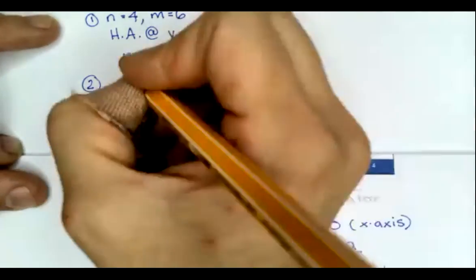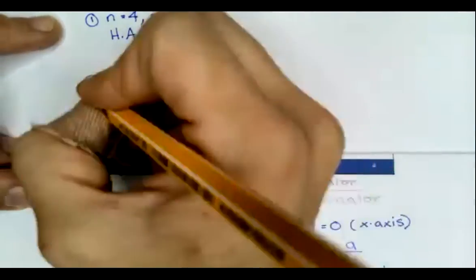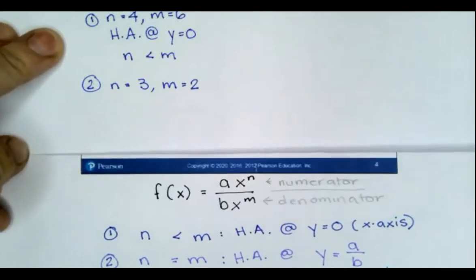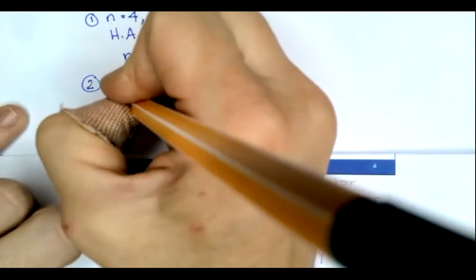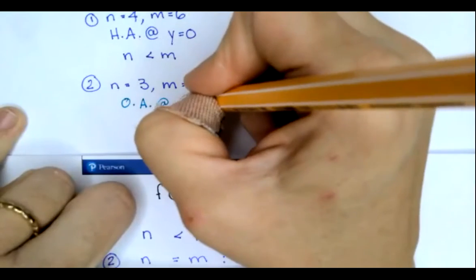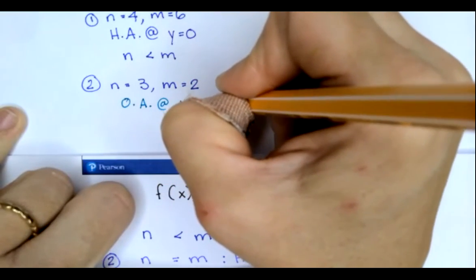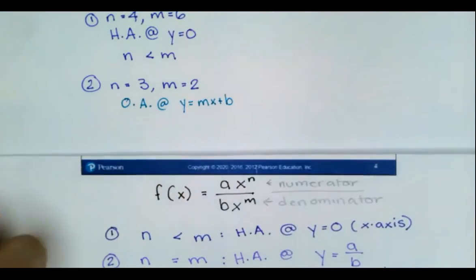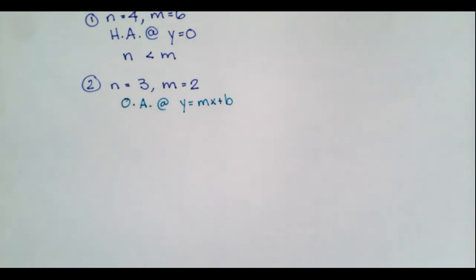Yes. So that means we have an oblique asymptote at y equals mx plus b when we divide our numerator by our denominator. Good.